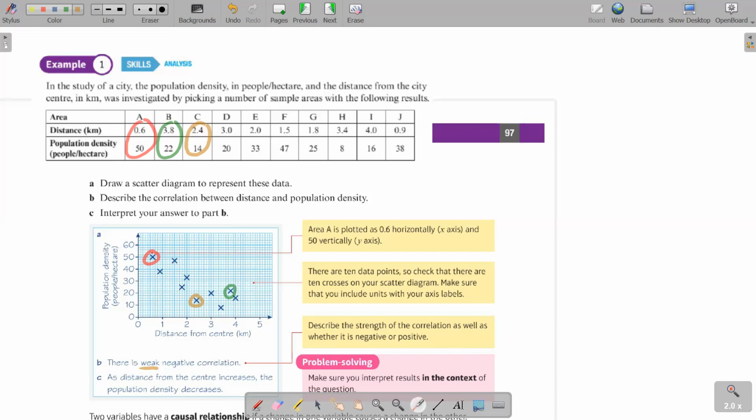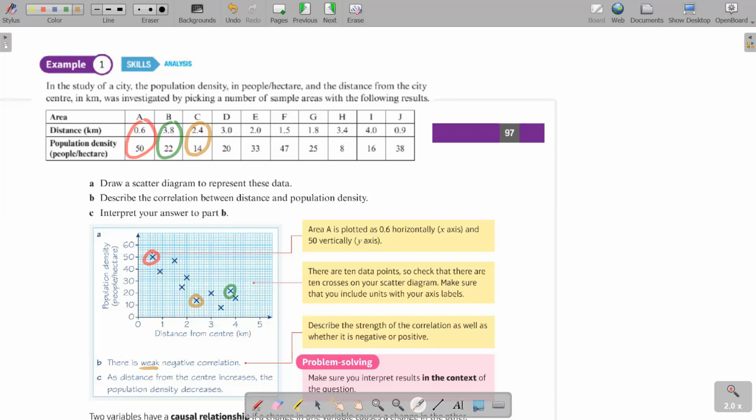As the x variable is increasing, the y variable is decreasing, right, guys? That's the meaning of negative. So you can say as the distance from the city center increases, the population density is decreasing. That's the interpretation you are expected to give, right, guys?